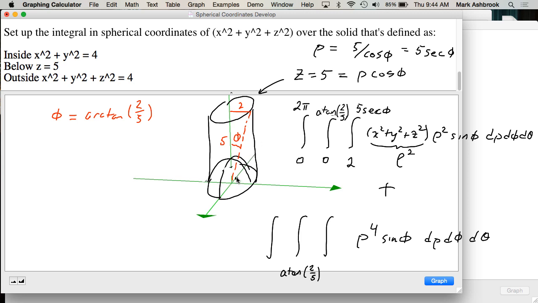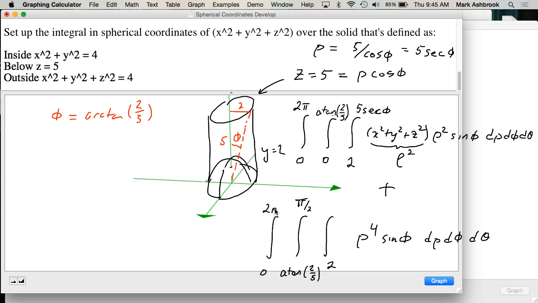So it still pierces into the solid at rho equals 2, but it's going to come out of the solid at this vertical wall, which is y equals 2, that's right. And that's going to be between angles of phi of arctan 2 over 5 and all the way down to pi over 2, the horizontal plane, and then again from 0 to 2 pi.